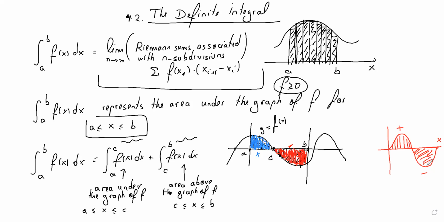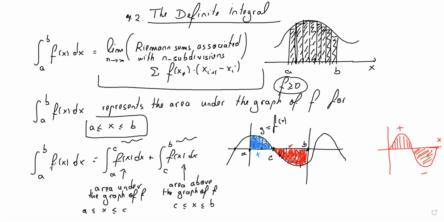So this integral is not necessarily the area, it's a signed area, and it could turn out to be 0. That's what you should all understand. And for the remaining part of the hour, I'm going to do some properties of this integral. This is called the definite integral, by the way.